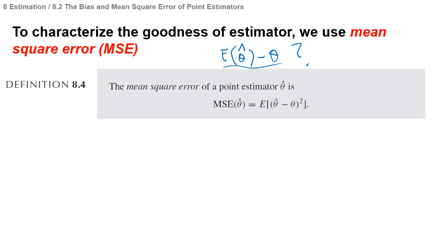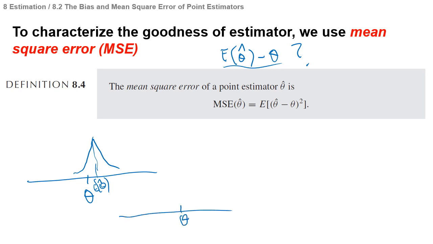So let's say this is the true zeta, and this is the distribution of one of our estimators, and the mean of our zeta hat would be positioned here. And here's the other estimator.